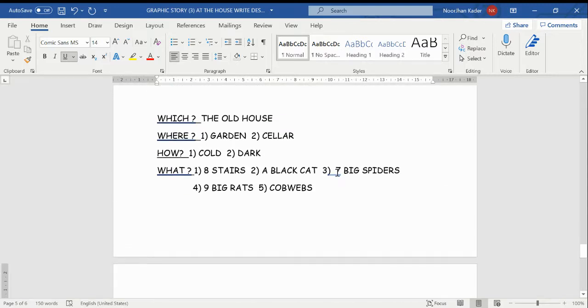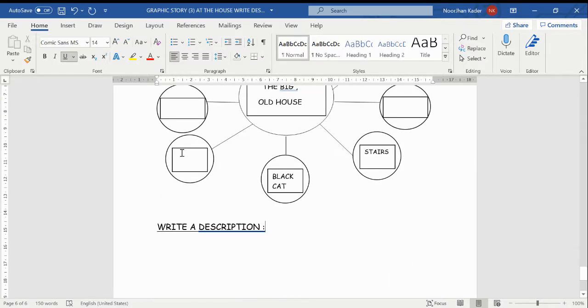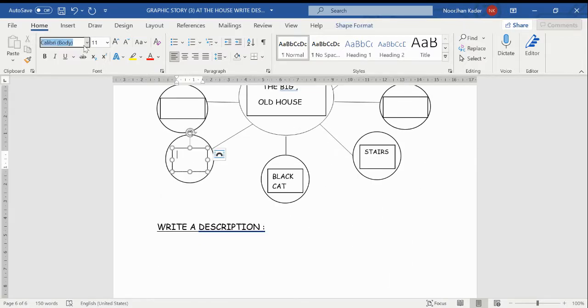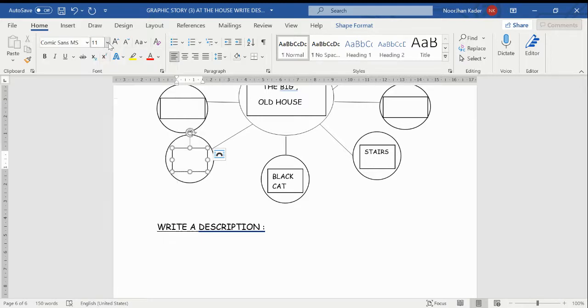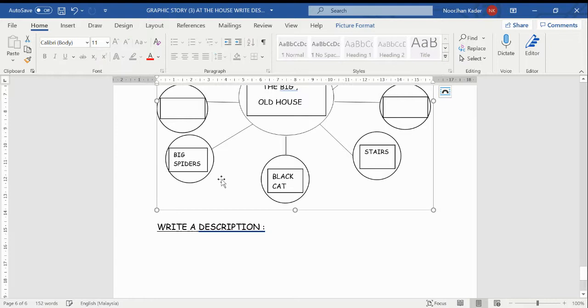Black cat, big spiders. Okay, let's write here. Big spiders. Okay.